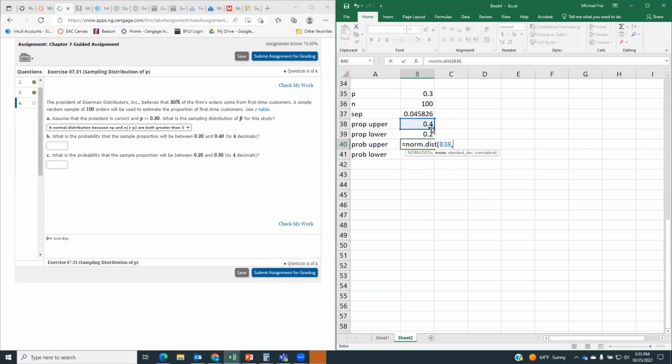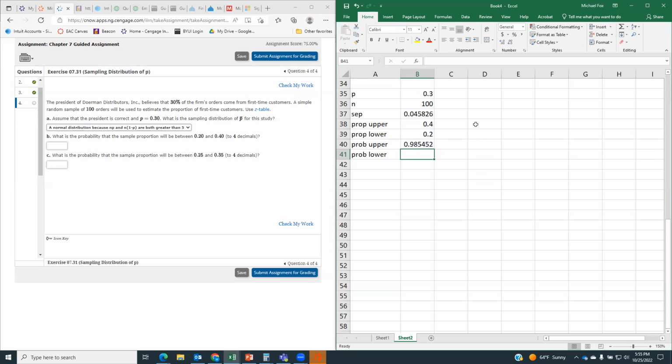And then for the mean, I'm going to use the population proportion. And for the standard deviation, I'll use the standard error of the proportion and then hit true. So this will give me the probability that given a population proportion of 0.3 and an n of 100, the proportion will be 0.4 or less.